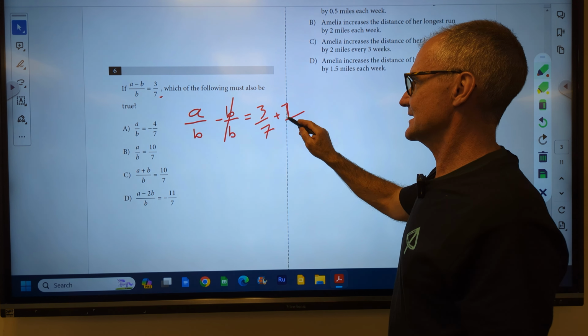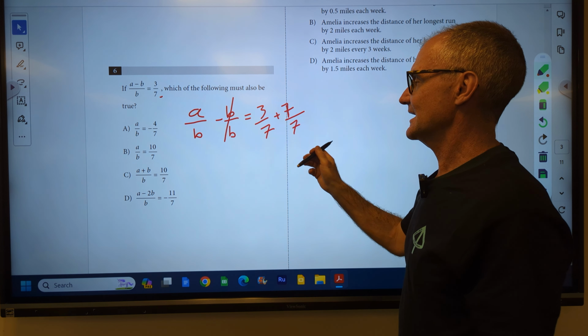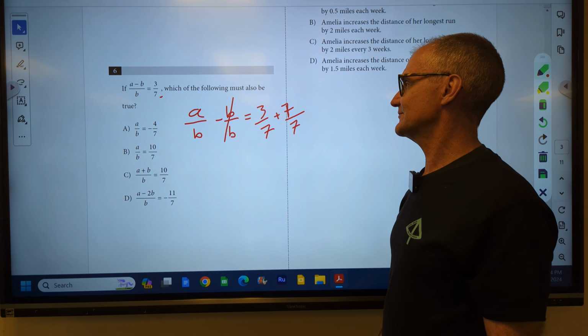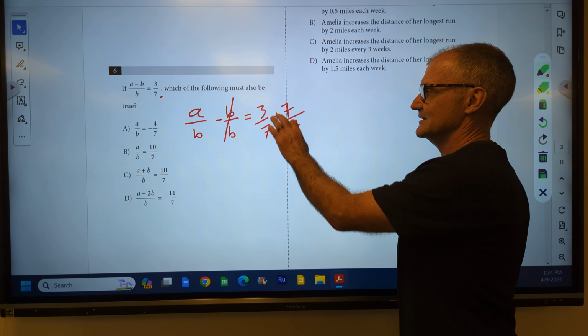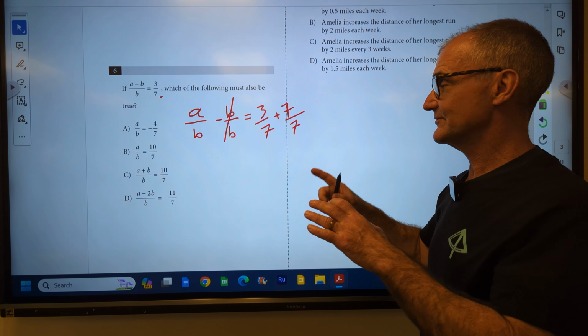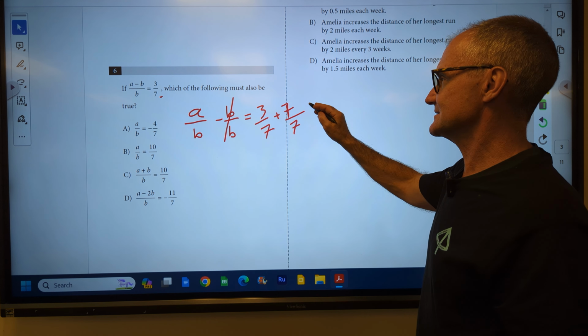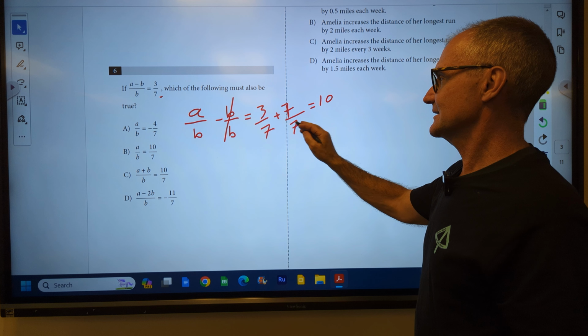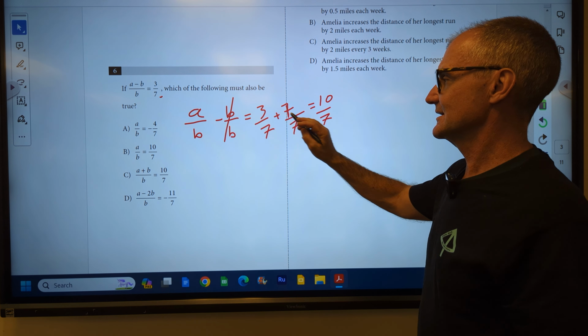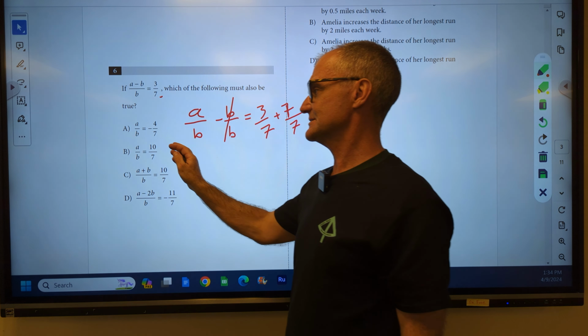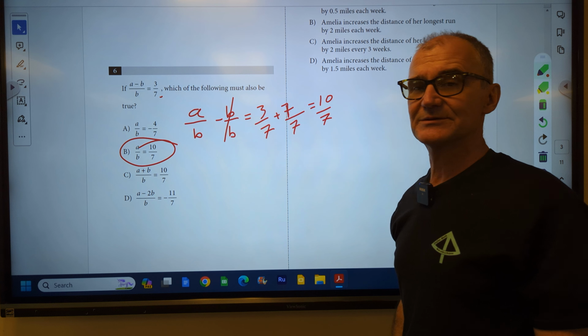Well, 1 is the same thing as 7 over 7. I have to have a common denominator to add fractions, so I convert that 1 to 7 over 7. It's still a value of 1. Add across the top, 10. Keep the common denominator 7. A over b is equal to 10 over 7. Answer B. A little bit of a tricky one there.